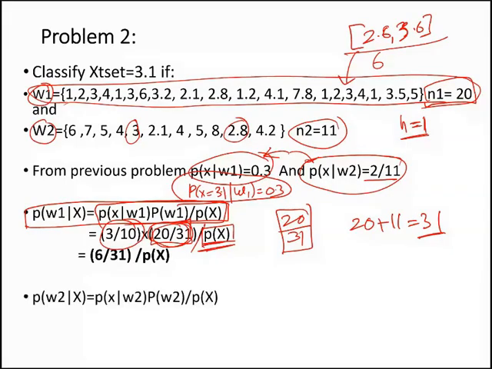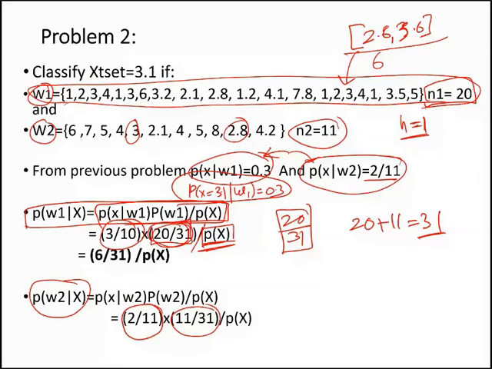Similarly, we can calculate the posterior for class 2. So this is 2 by 11. So this was rightly pointed out as 2 by 11, and then 11 by 31. So why 11 by 31? So there are 11 samples in omega 2 divided by the total number of samples. So that I have done, and this P of x is as it is. So 6 by 31 and 2 by 31.